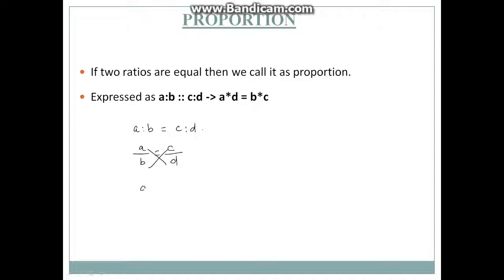If they are asking for A, you can calculate it as C by D into B. If they are asking for B, you can do A into D by C. Likewise, you can find C and D also. Proportion is nothing but the equality of two ratios.